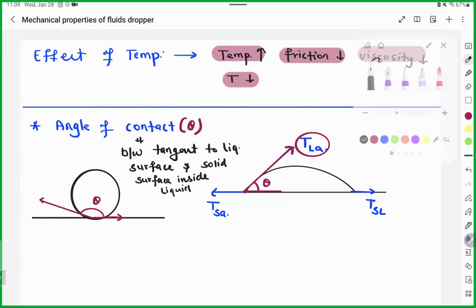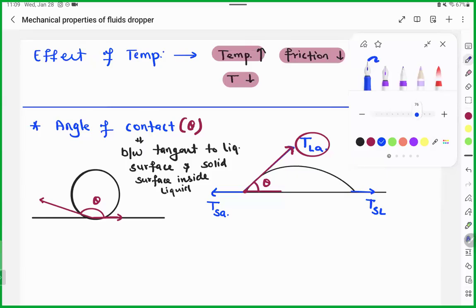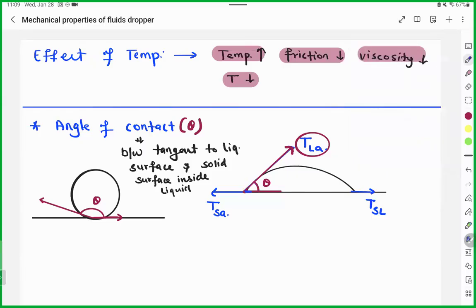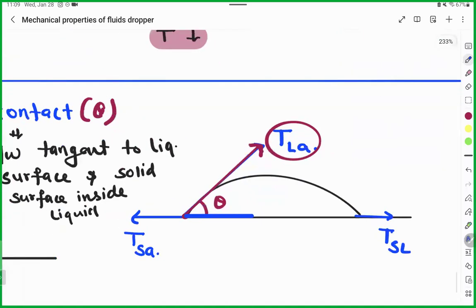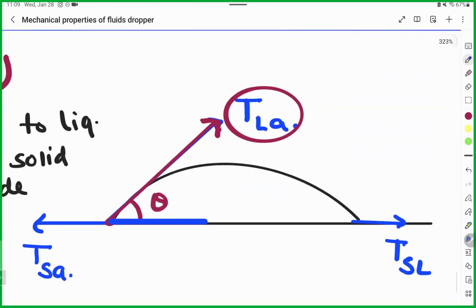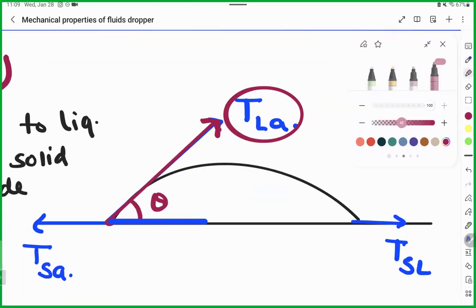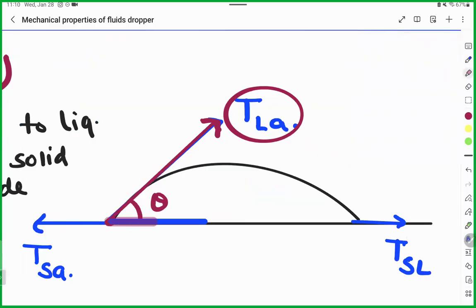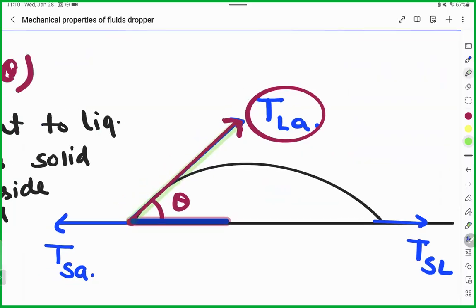I will draw this again to make it clearer. This is the solid surface present inside the liquid, and this is the tangent drawn on the liquid. The angle between these two is the angle of contact.